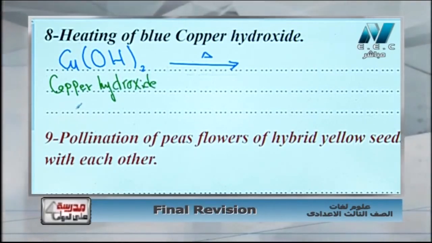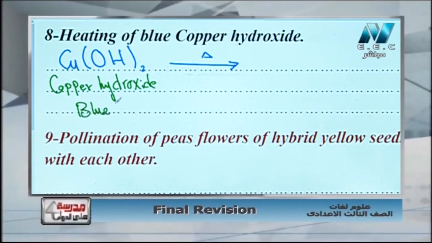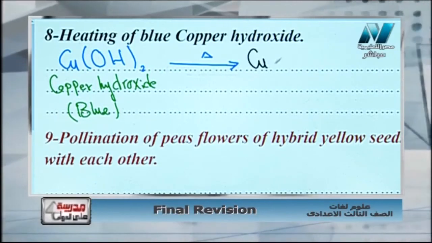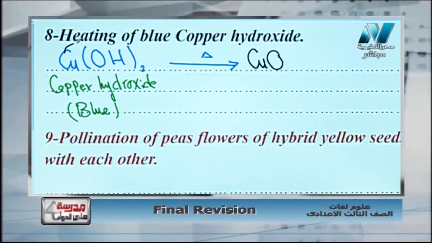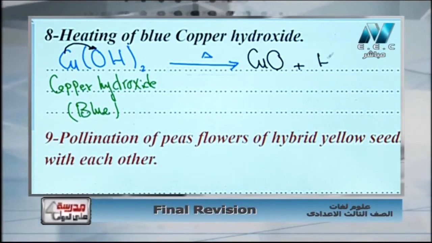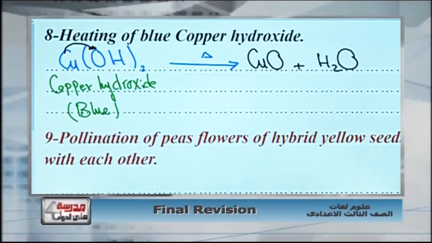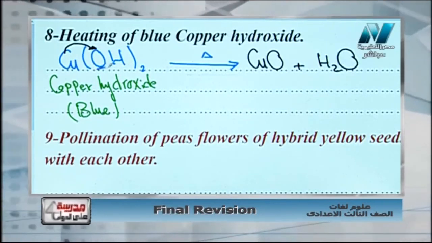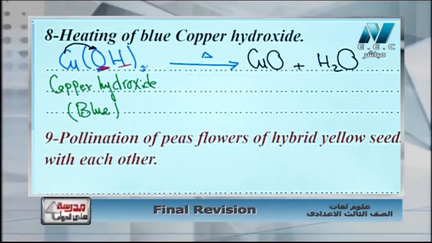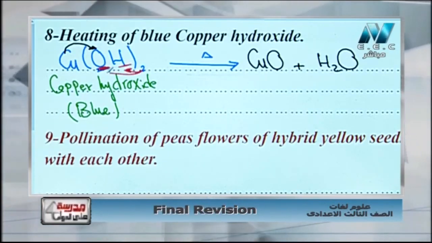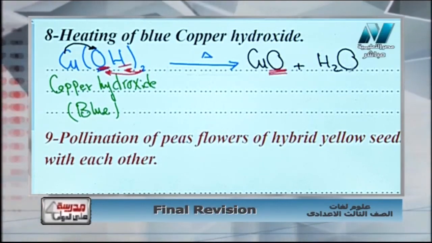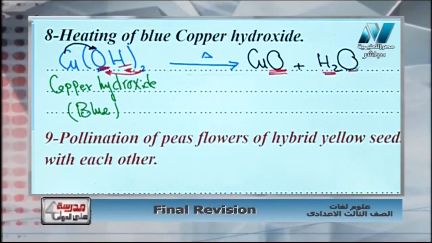Its color is blue. Forming CuO. طبعا عارفين الكبر will get only one oxygen atom. Copper oxide plus H2O. طبعا we know we have two oxygen here عندنا 2 oxygen and 2 hydrogen. 2 and 2.